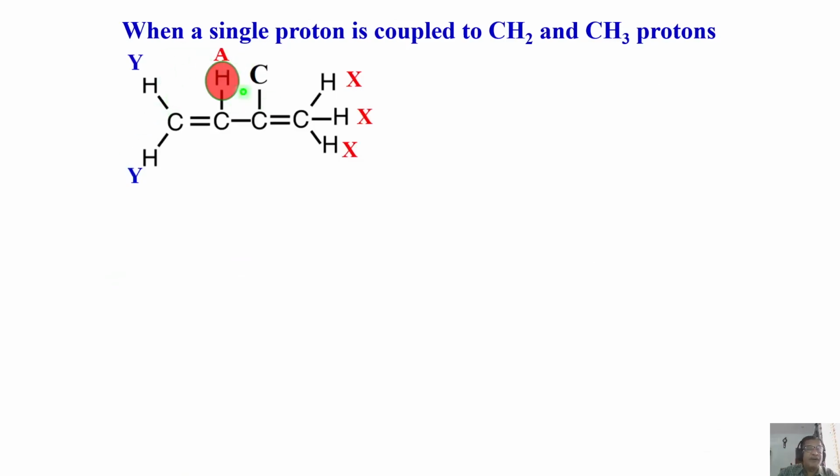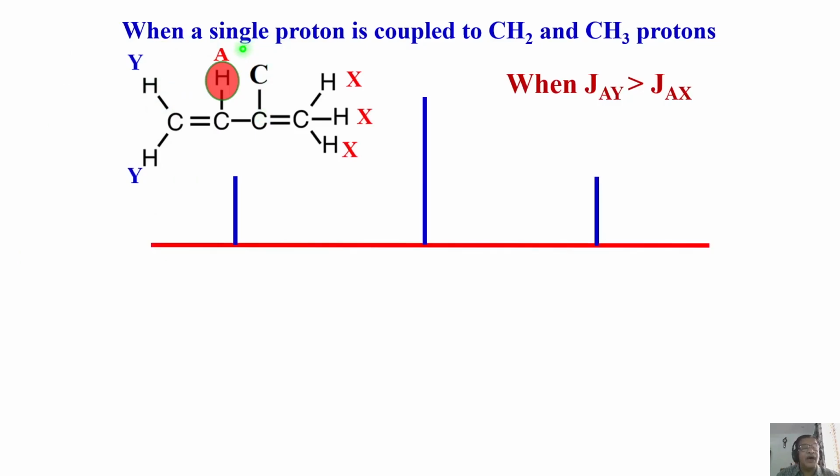Now, I have removed this single proton, I put a CH2. What do you call this now? Look at this one. I consider the situation JAY is larger than JAX. Then what will happen to this proton when it is split by CH2 protons? These are equivalent protons. Apply the 2nI plus 1 rule. There are two protons, so this will become a triplet with intensity 1:2:1.